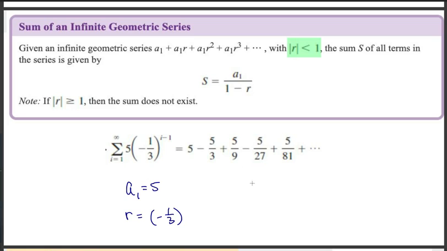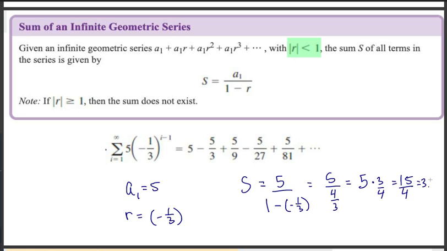If I have these pieces of information, then I can find my infinite sum as the first term, 5, over 1 minus my common ratio of negative 1/3. Working through the arithmetic, I get minus a negative, which tells me to add, and I get 4/3 for my denominator. And I know that dividing by 4/3 is the same thing as multiplying by 3/4, and I will get 15/4, or 3.75.